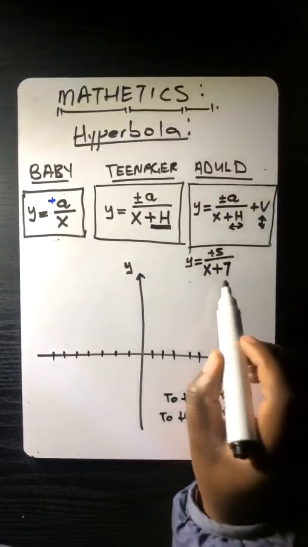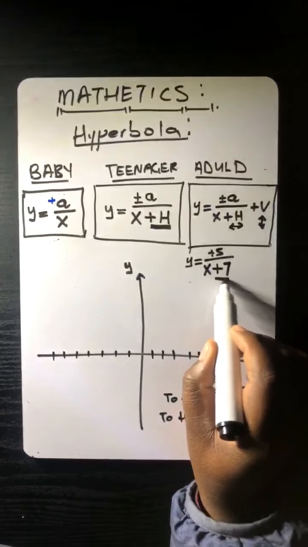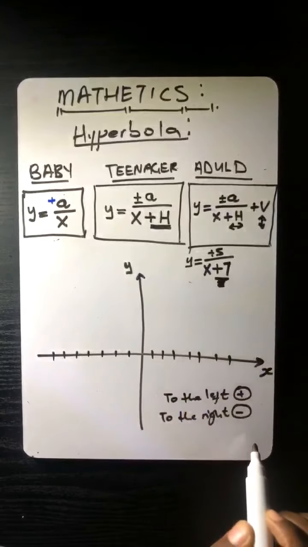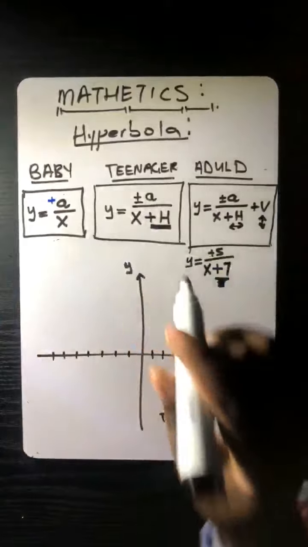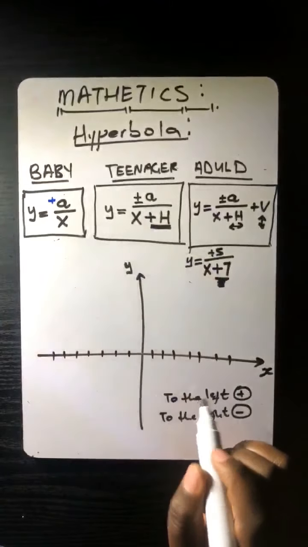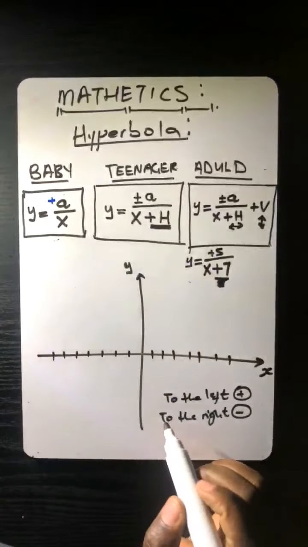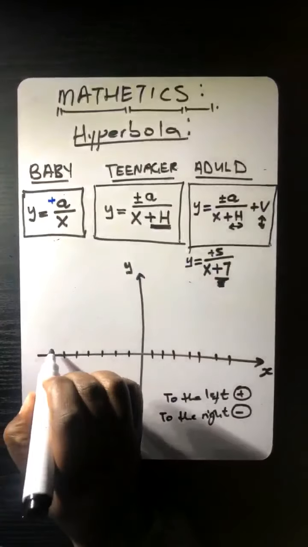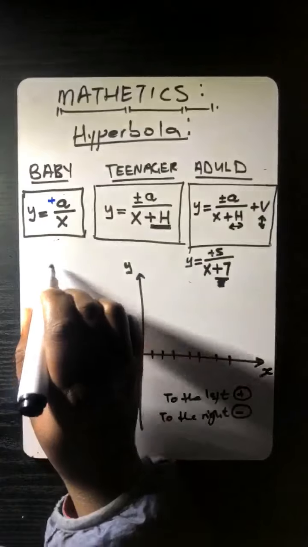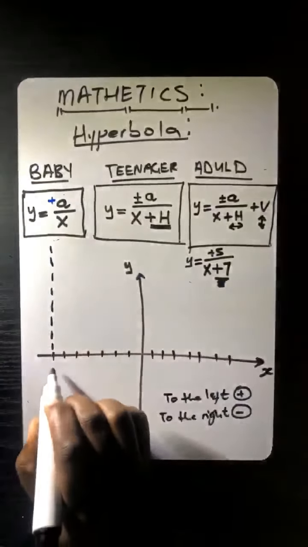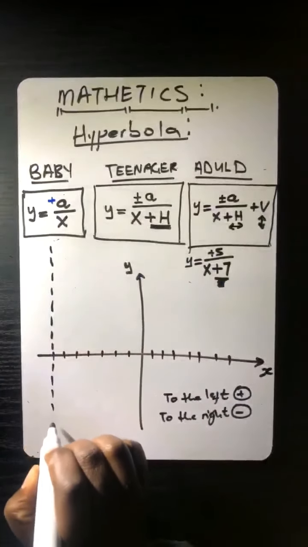Can you guys now see that this influences the sideways shifts? So Shreyas, when you say by 7 units to the left, it means your asymptote is now going to be drawn there. Does it now make sense, Shreyas?